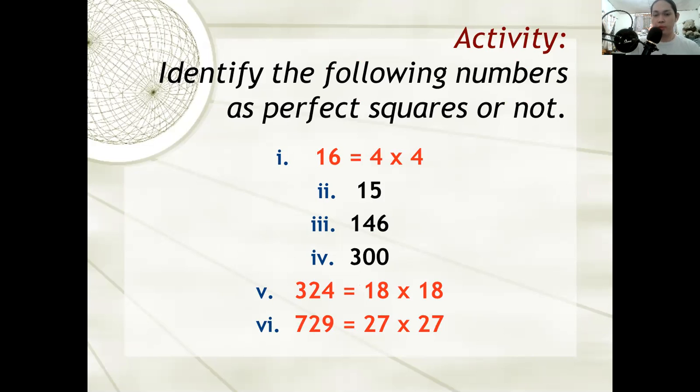It is a perfect square number since it can be written as 18 times 18. And 729 is also a perfect square number since you can write it as 27 times 27, or 27 squared. The numbers that are not perfect square numbers are 15, 146, and 300.